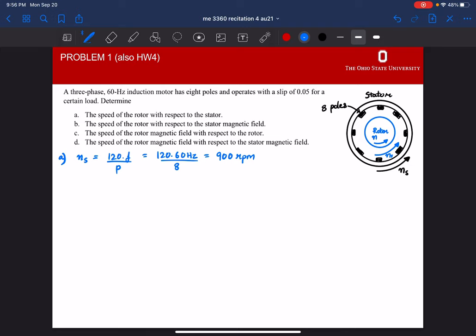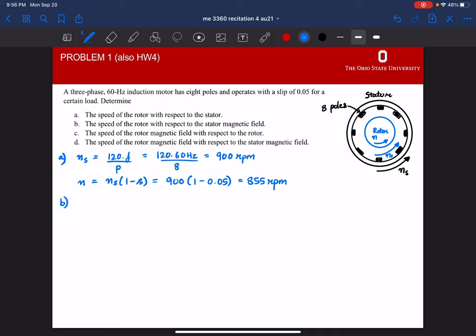And now using the slip factor, we can calculate what would be the speed of the rotor, which would be given by this formula. And again, we plug in all the numbers, and the final answer turns out to be 855 RPM.